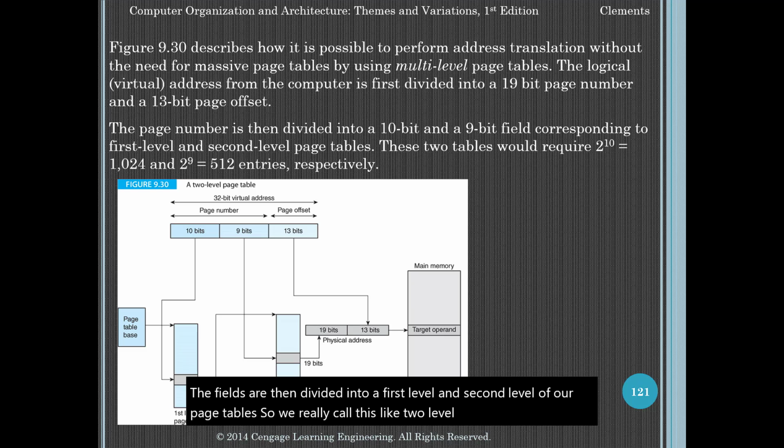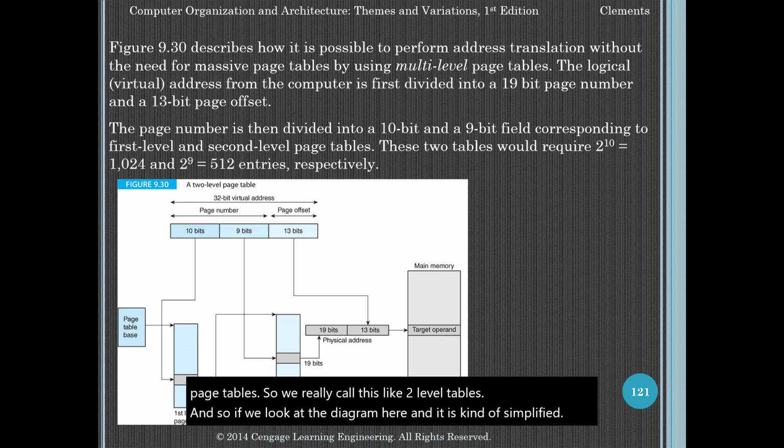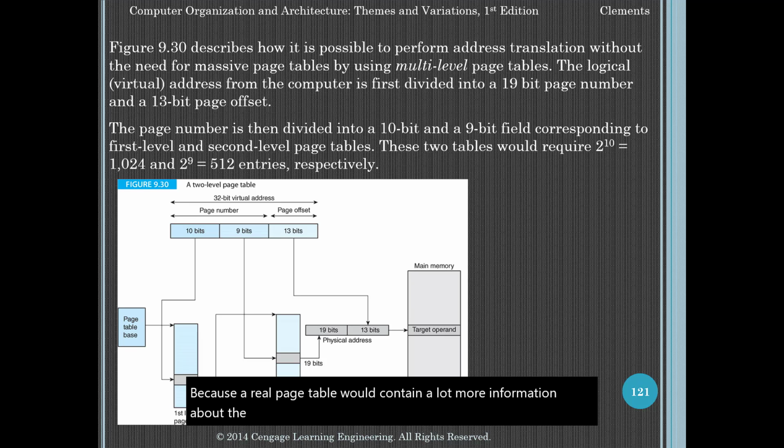If we look at the diagram here, it is simplified, because a real page table would contain a lot more information about the address translation process than just pointers. The structure of a real page table includes a lot more pointers and things like that, but this is fairly simplified.